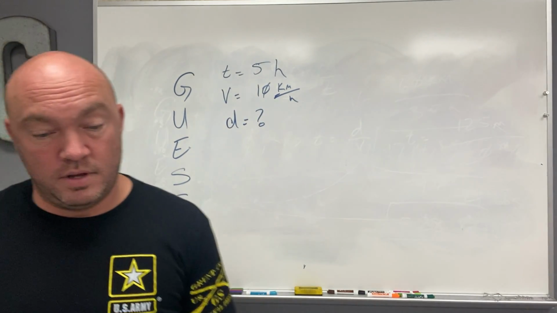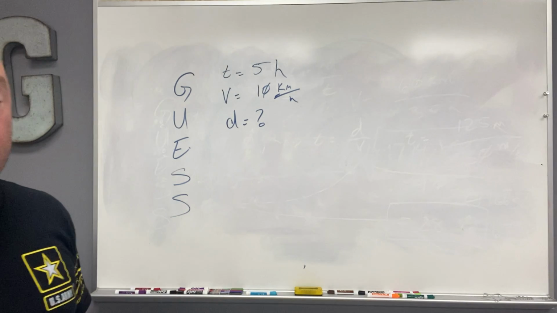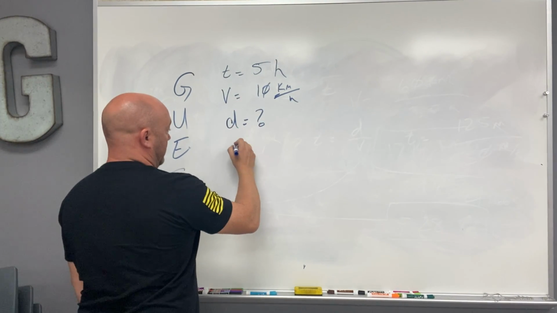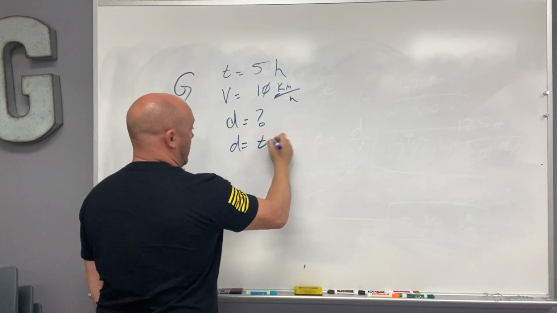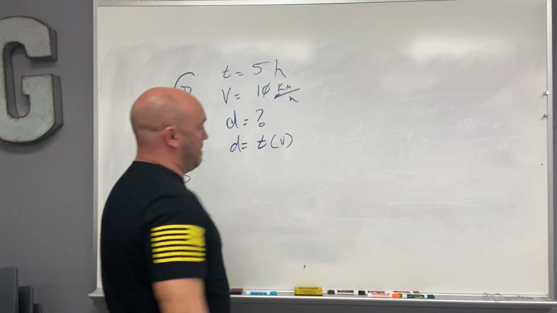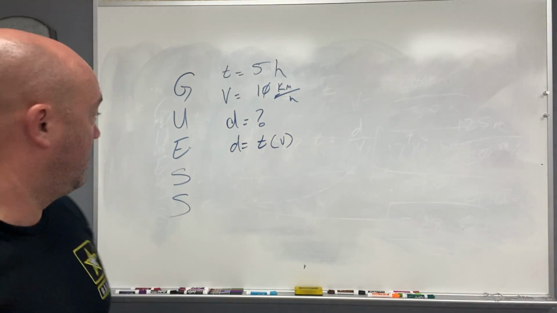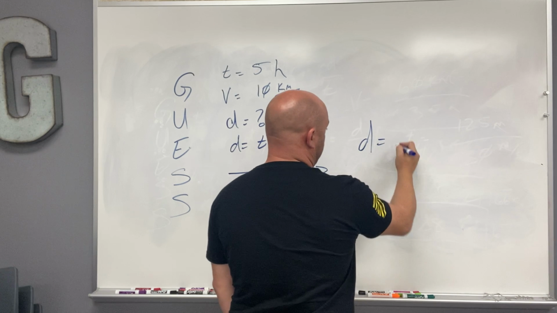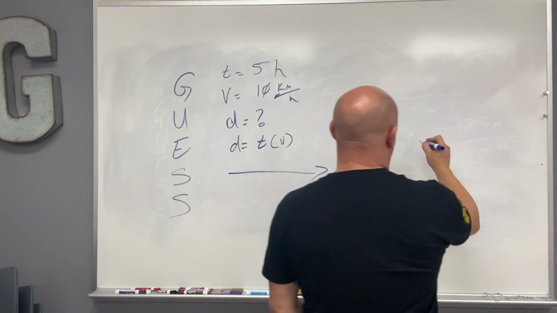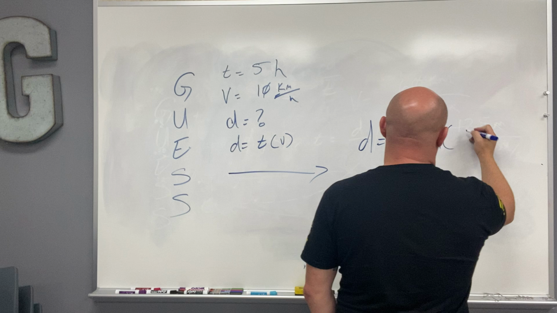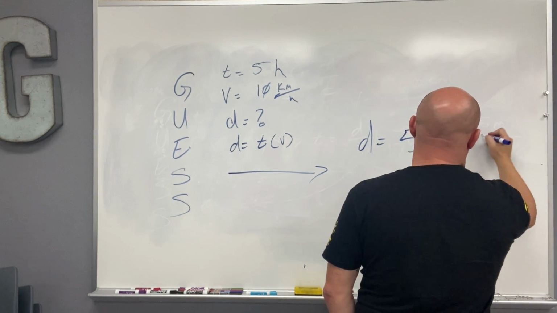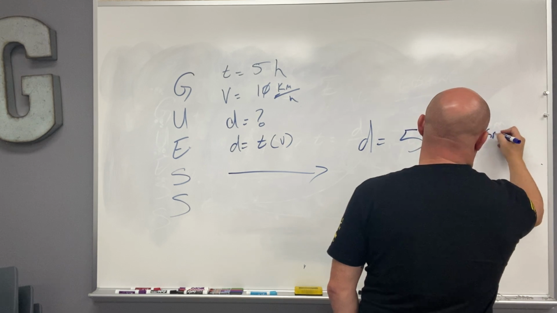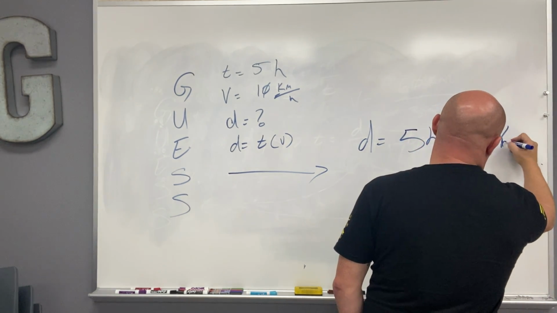Distance is unknown. Okay? So just for speed purposes, I know that my distance formula is, if I do it all, D is equal to time multiplied by velocity. Okay? I'm going to sub in. I'm going to come back over here, give myself a little bit of space. I know D is unknown and his time is 5 hours. His velocity is 10 km per hour.